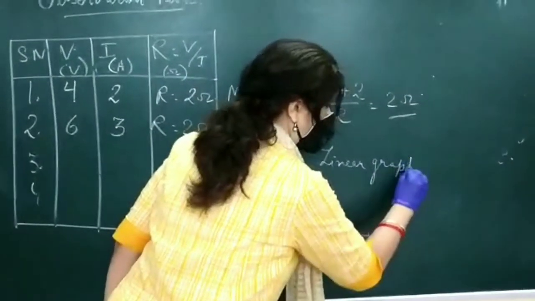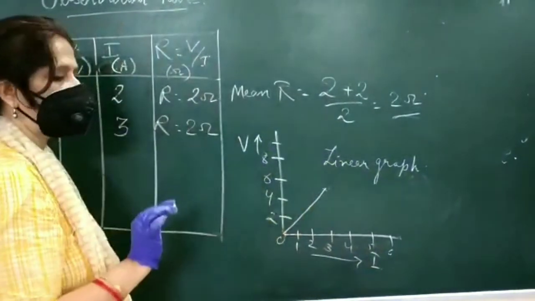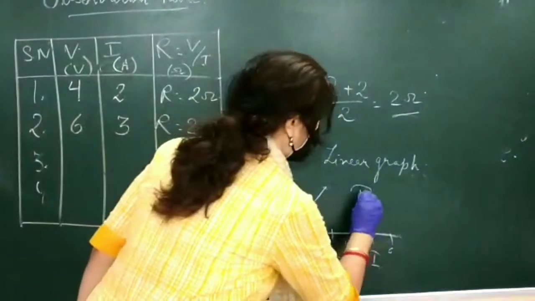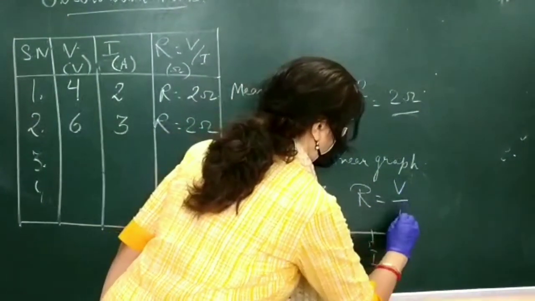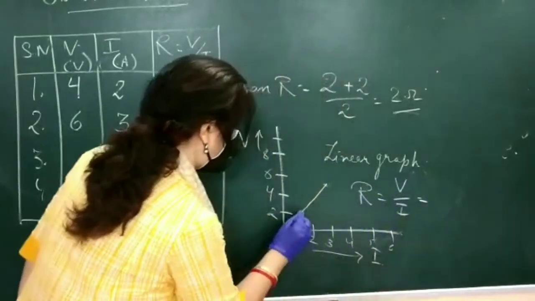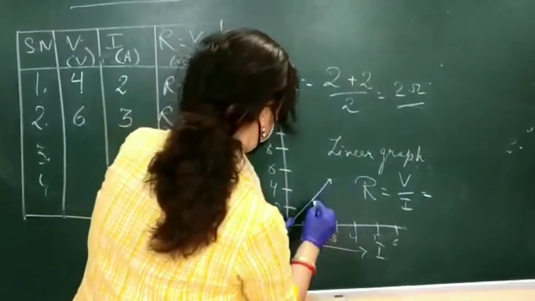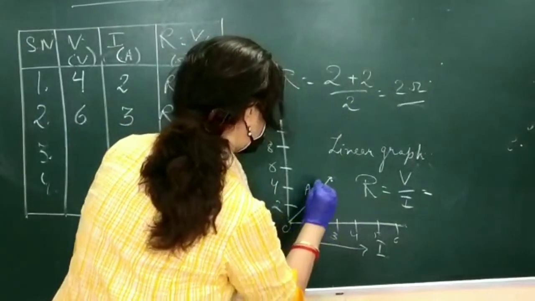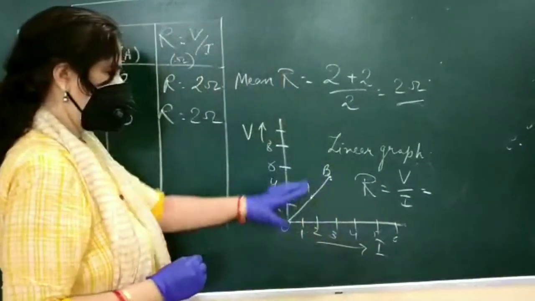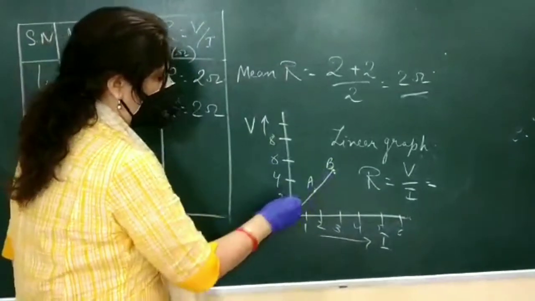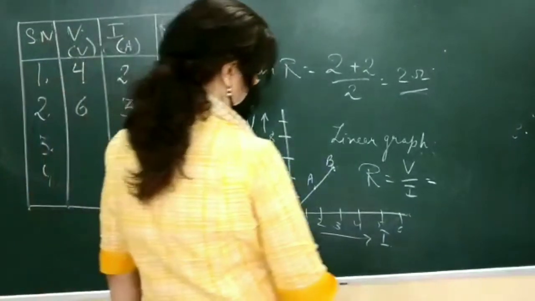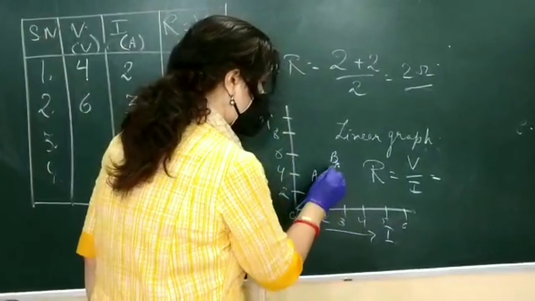From the graph also we can find the value of R. R will be equal to V upon I. Suppose I am taking this as A and this as B. So what will be the slope of this graph OB, or what will be the slope in this AB?